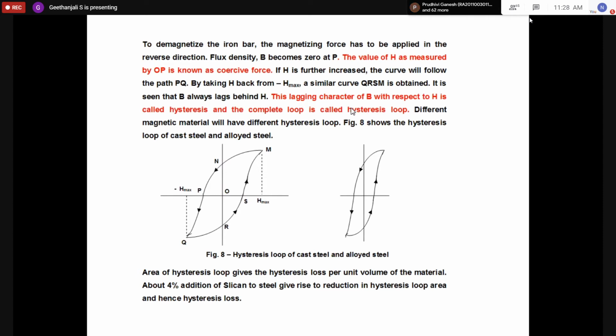So we can reduce the hysteresis loss by choosing the material which has a high μr value. If the μr value is more for any material, then that material will have a lesser amount of hysteresis loss.